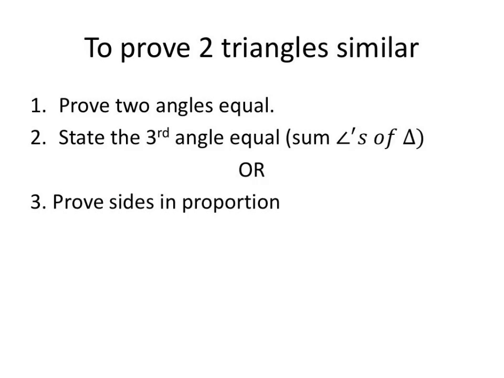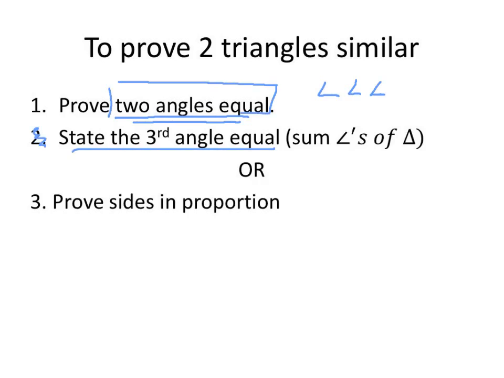But what I want to work on is proving two triangles similar. When we prove them, we can prove that all the angles are equal by proving two of the angles are equal, and we can state the third angle is equal because of the sum of angles of a triangle. Or the second proof is sides in proportion, which I'm not really going to focus on.